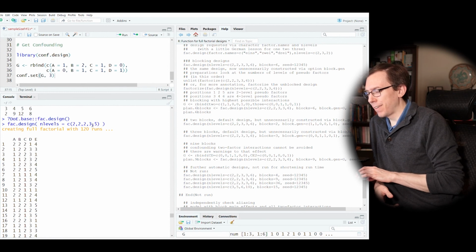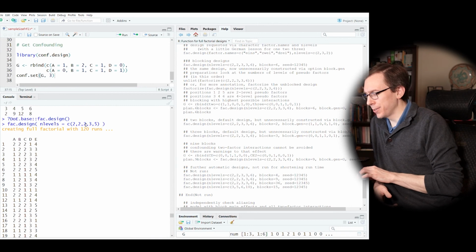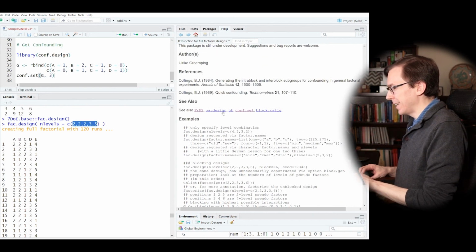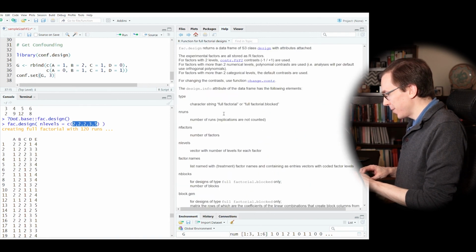And then 3 and 5 are also relatively prime and relatively prime to 2. So you kind of get what you get there, but at least you can see how this could work in practice.